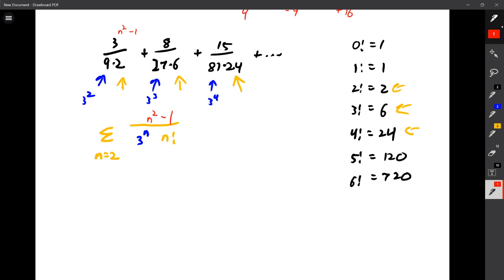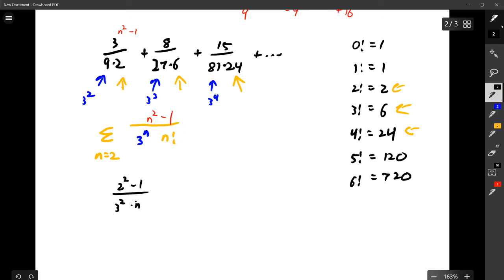Let's see if this checks out. So let's try when n is 2, so that gives me 2 squared minus 1 over 3 squared times 2 factorial. I'll oftentimes like to do n equals 2 just to remind myself. So now I'm doing n equals 3.